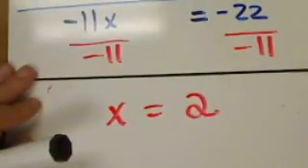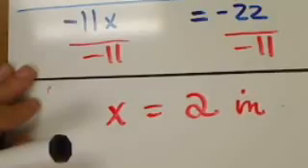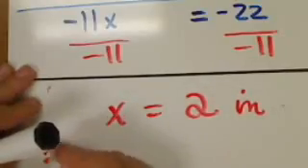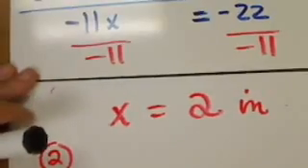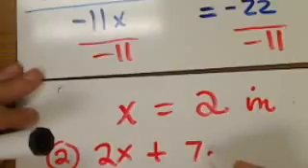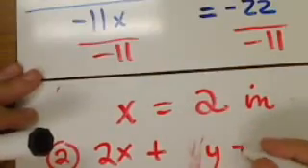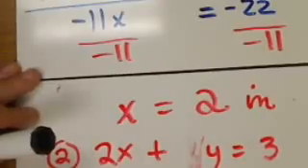I've got a value for x, and I'm going to look back at one of my equations, particularly equation 2. I'm actually going to put this value in equation 2. I'll rewrite equation 2 out here: 2x plus y equals 3.